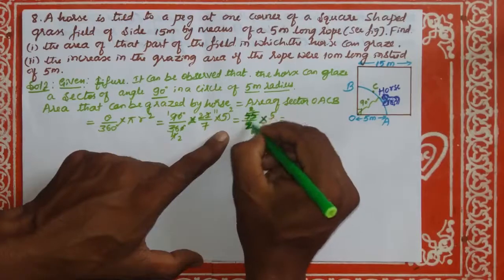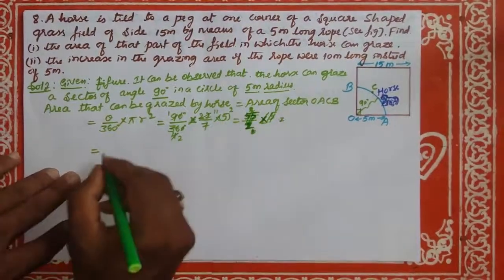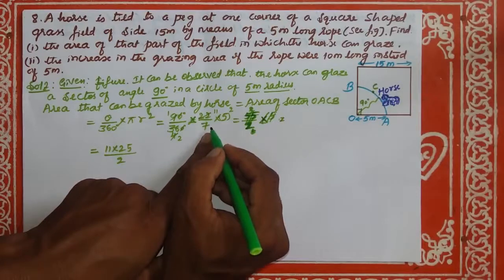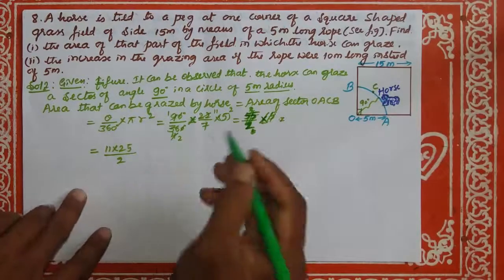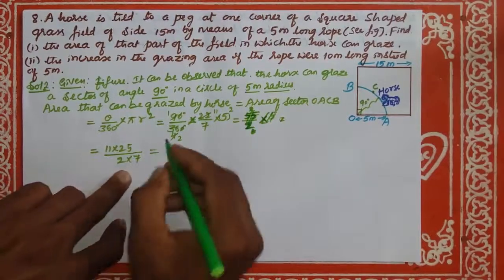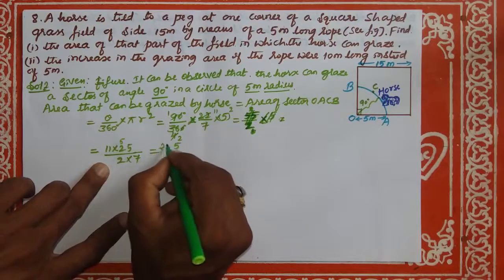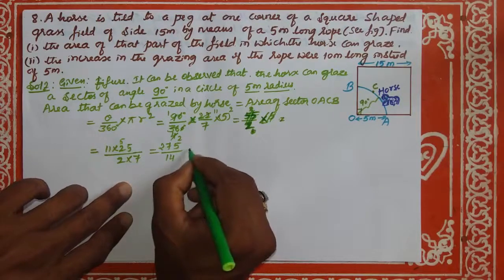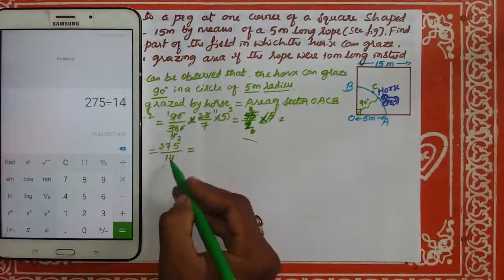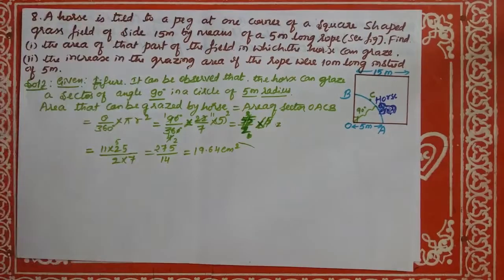This is equal to 11 into 25 divided by 7 into 14, that is 11 into 25 is 275, divided by 14, which is equal to 19.64 square meter.